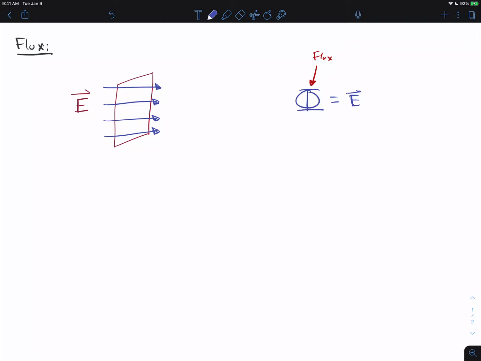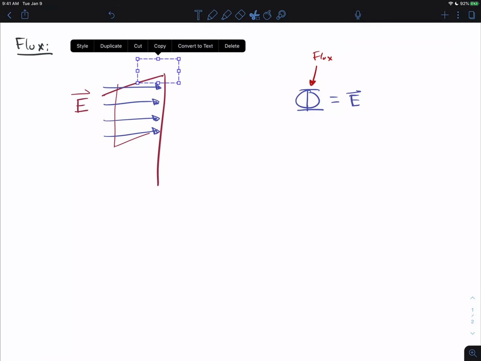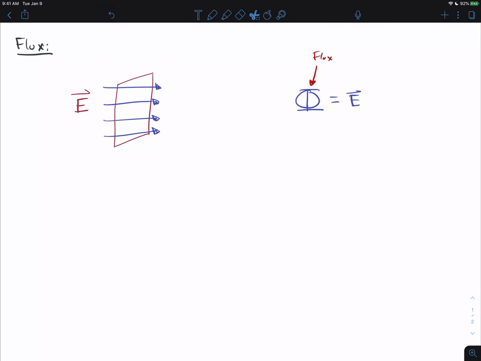If I increase the strength of the electric field, there's more passing through this window here, right? And the other thing that affects the amount of flux through a certain window is, of course, the size of the window. If I grab this window right here, and then, oops, sorry, this didn't work the way I thought it would. But I make my window bigger, right?